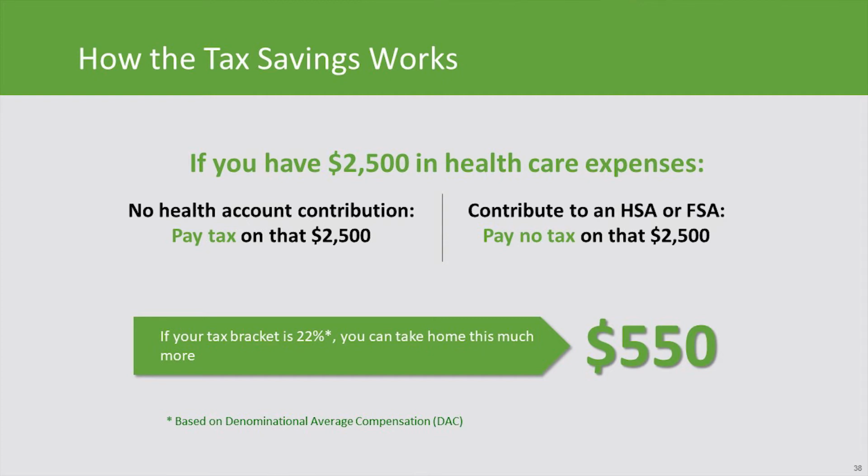But if you contribute to an FSA or an HSA, you don't pay tax on that $2,500 because it's deducted from your pay pre-tax. Based on the denominational average compensation and a tax bracket of 22%, using the $2,500 as an example, you could save $550 just by having a flex spending account of $2,500.